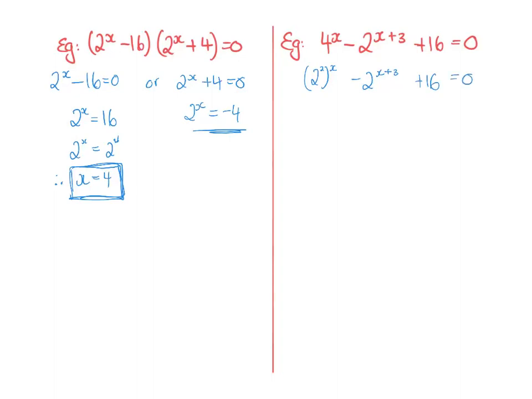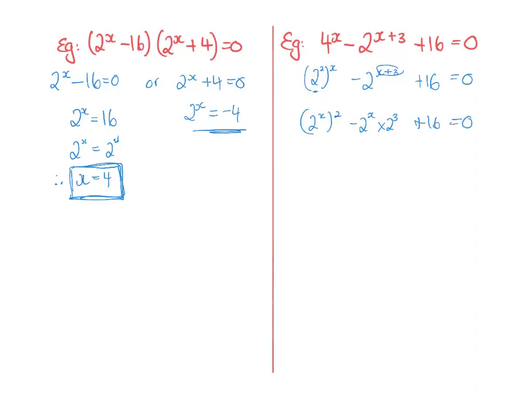I could also swap this one around. I could actually say 2 to the power of x like that. Now this could be the same as saying negative 2 to the power of x times 2 to the power of 3, because when we have indices with the same base, we add them, so we would get that. So we could write this like that, plus 16 equals 0.